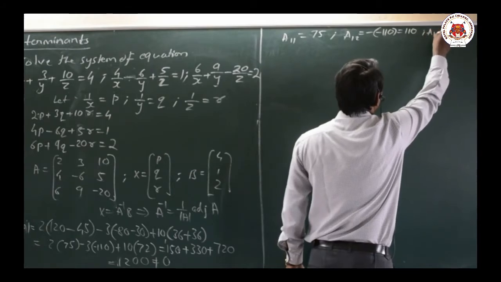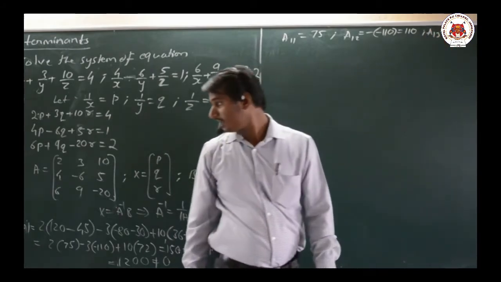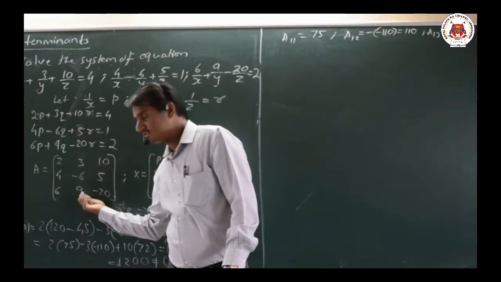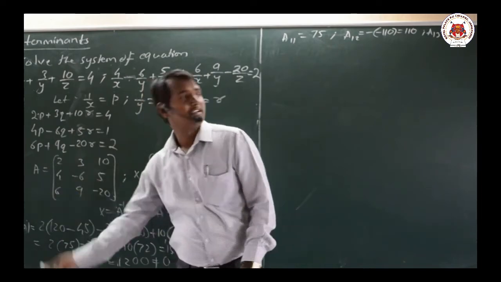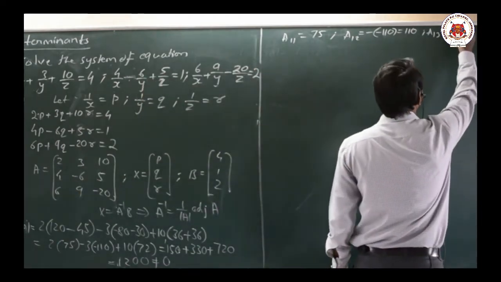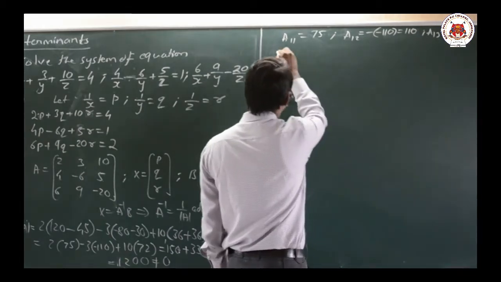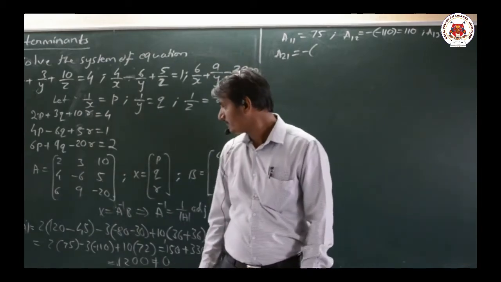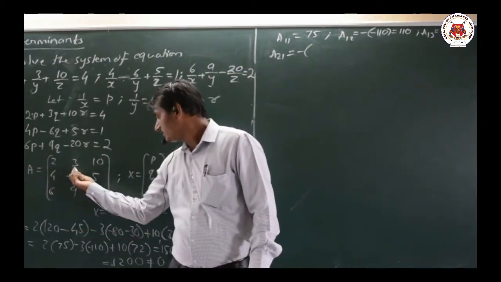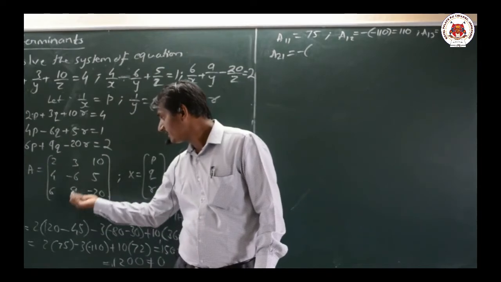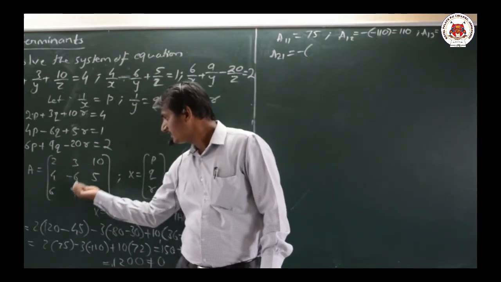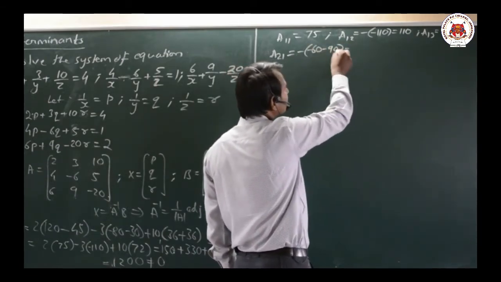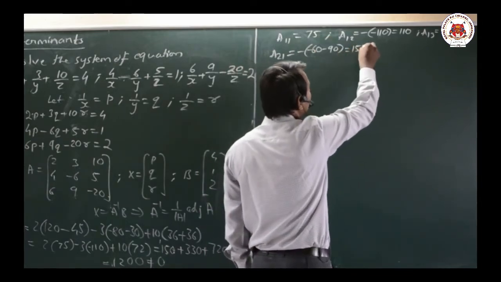At last A13, the cofactor of 10. Leaving this row and column, 9 4s are 36, 36 minus into minus plus 36, the value will be 72. Next A21, its sign is negative, the cofactor of 4: minus 60 minus 90, so minus into minus plus, its value will be 150.